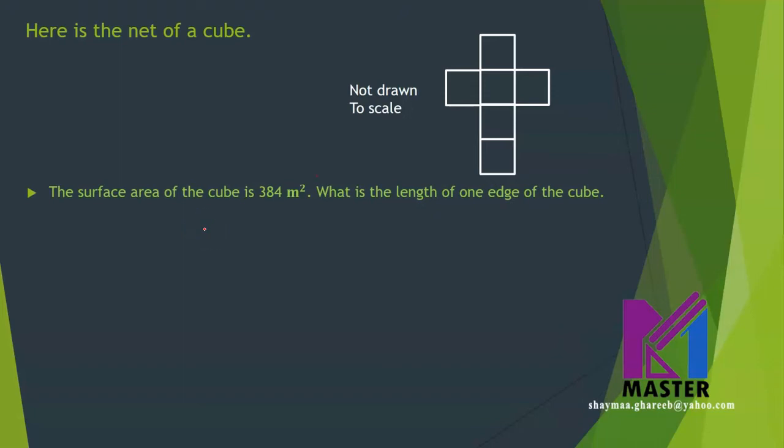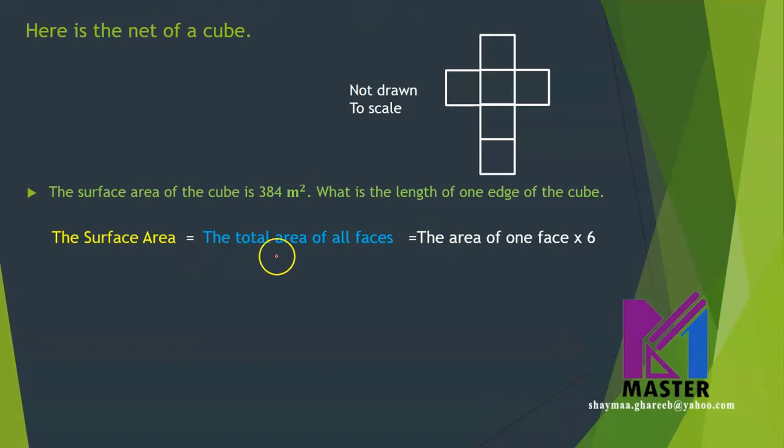Let's start step by step. Surface area, as we said, equals the total area of all faces. And we know that the total area of all faces means the area of one face times 6. So if I know the surface area, I can get the area of one face. How? By dividing the surface area by 6.